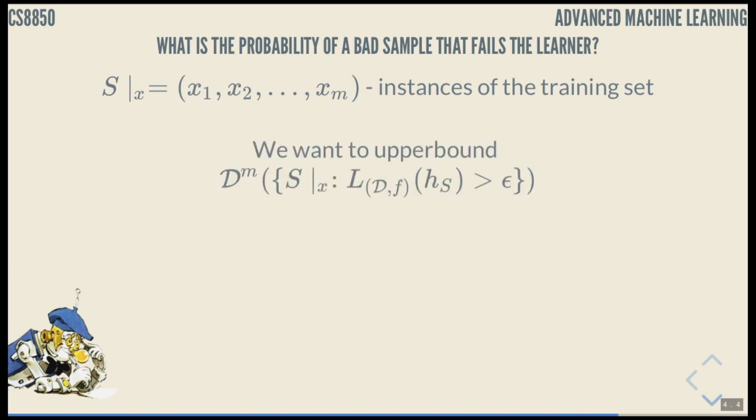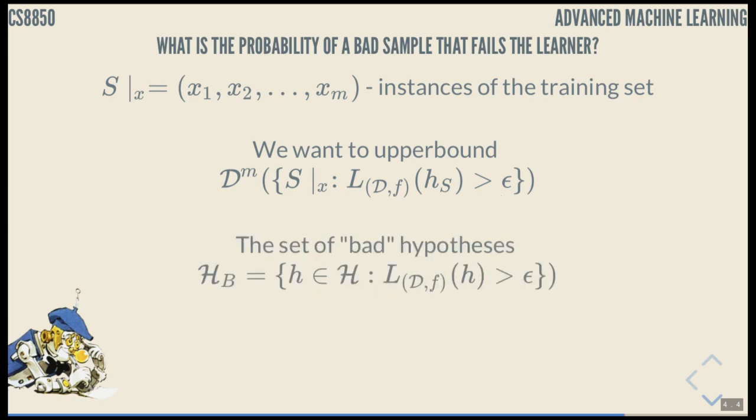We want to upper bound this probability of the training set for which our loss is greater than a predefined epsilon that we pick. So the set of bad hypotheses, or bad classifiers, let's denote it by H of B, is such that it includes all of the hypotheses or classifiers for which loss is greater than the predefined epsilon.